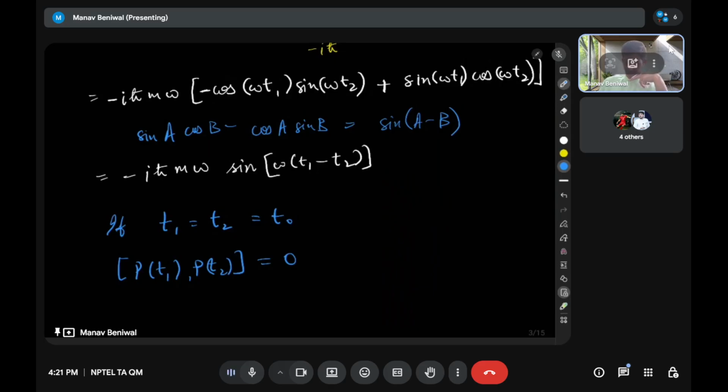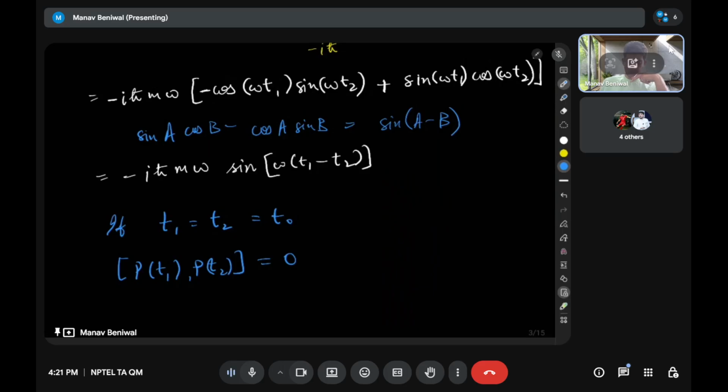Now notice what is happening. When we take this commutator at different times, some uncertainty comes in, right? There is some temporal uncertainty.